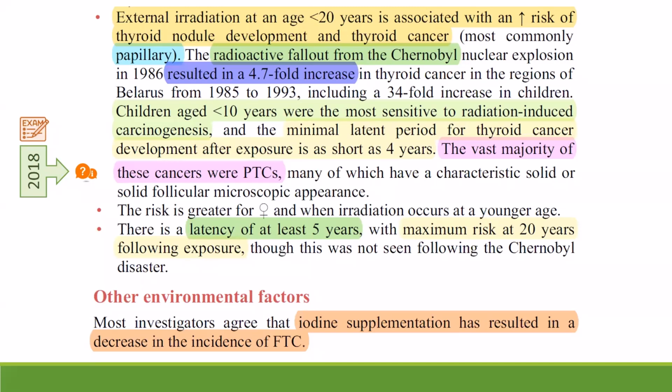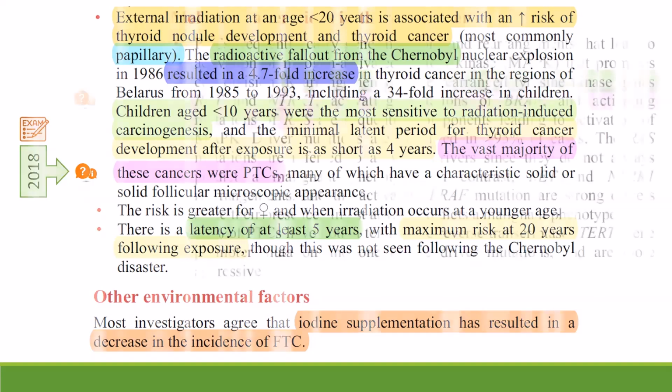And one of the important hints is that iodine supplementation has resulted in a decrease in the incidence of follicular thyroid carcinoma and also papillary thyroid carcinoma. So in anyone exposed to radioactive material, iodine supplementation can decrease the development of follicular and papillary thyroid cancer, and this was a question in a previous exam.